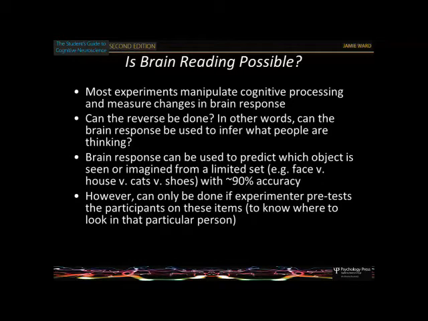To do that, you show the person lots of faces, lots of houses, lots of cats, see how the brain responds, and then you show them unknown stimulus X and try to figure out what it is from the brain response. And the cool thing is you can also do it from imagining it, so it's a self-generated representation of a cat or a house, and you can figure out with that level of accuracy what they're thinking of.